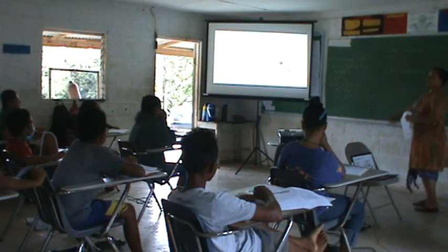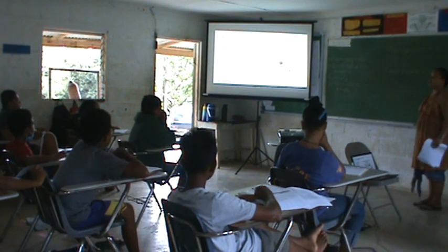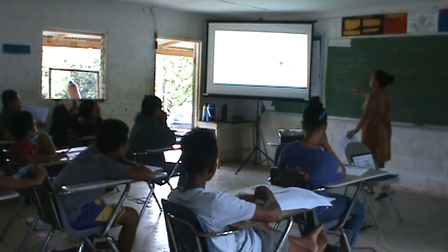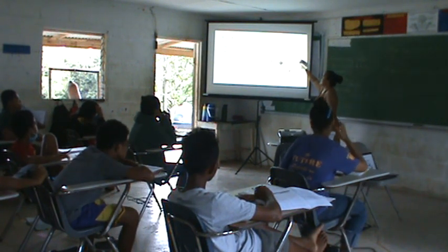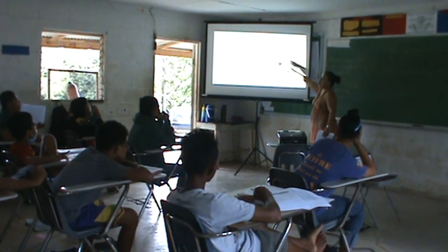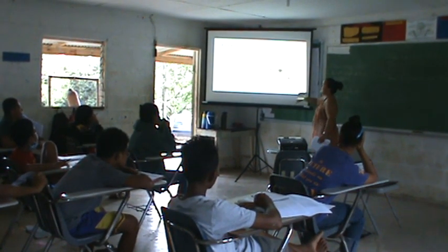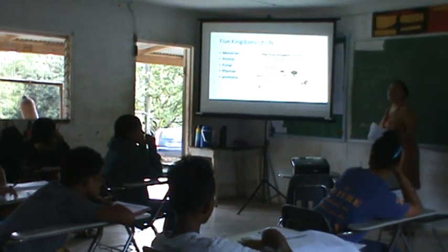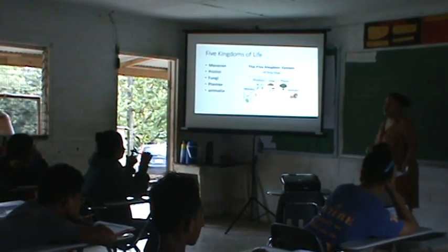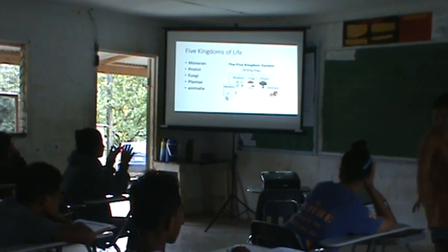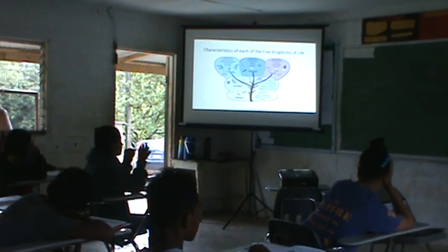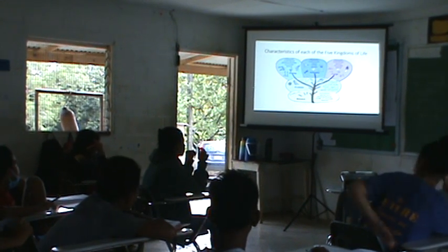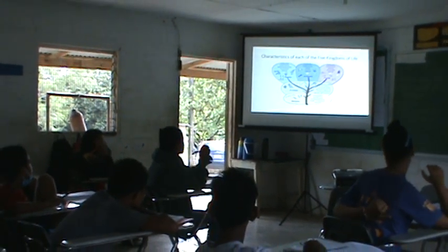Okay, so now we know these are the five kingdoms: Monera, Protists, Fungi, Plantae, and Animalia, and we have the kingdom system here. They are all living things, and these are some pictures to give you an idea of the organisms belonging to each kingdom. Their characteristics: they have one cell or many cells.